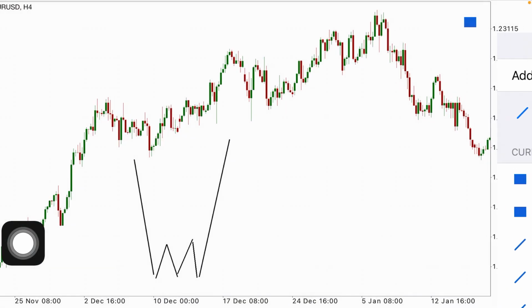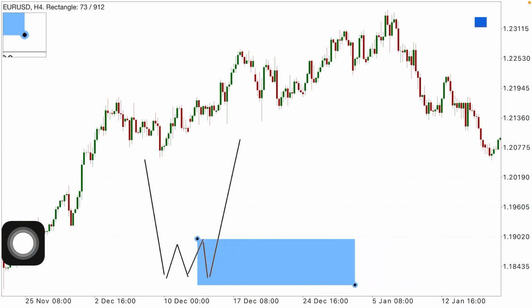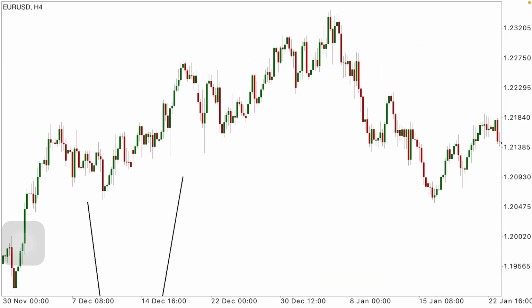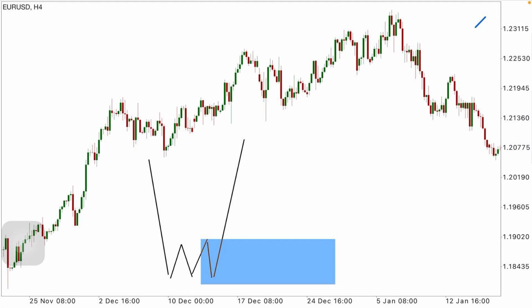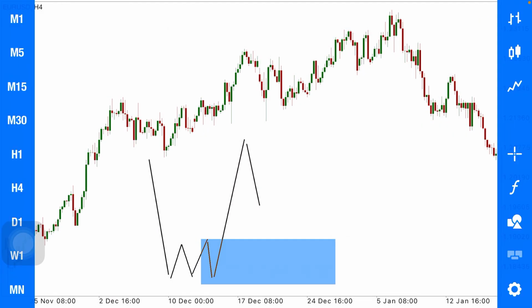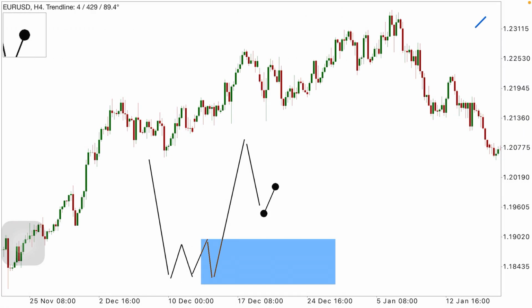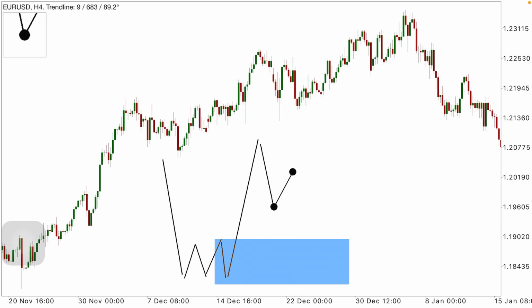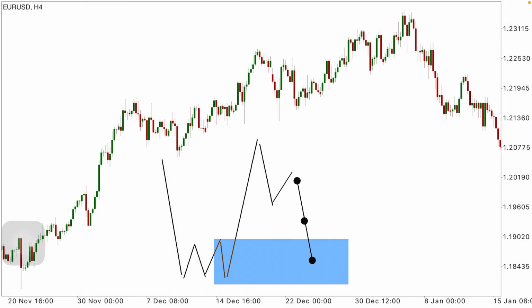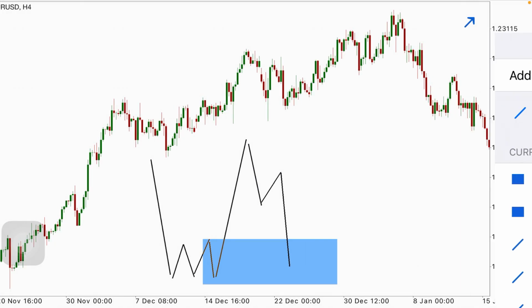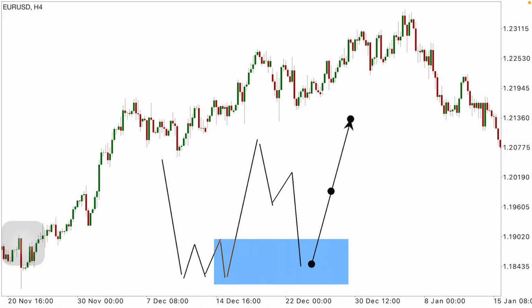We're expecting that price will come back to the zone, and from that zone we expect to take a buy trade.